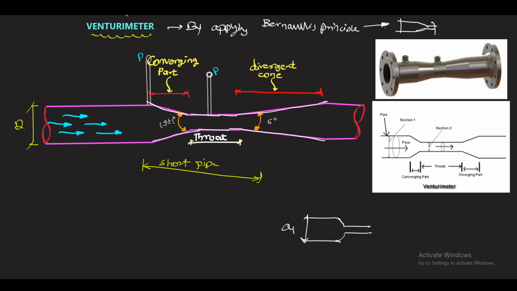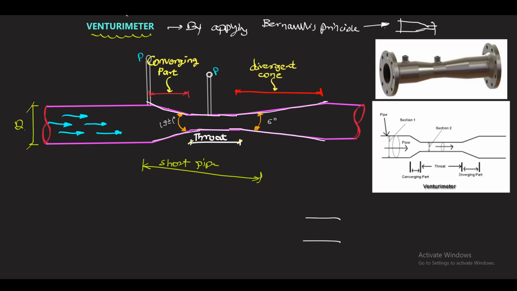A1 is the first cross sectional area, A2 is the second cross sectional area. So by reducing the cross sectional area from A1 to A2, a pressure difference is created, and this pressure difference enables us to measure the rate of flow flowing through that pipe. This principle is used everywhere in the applications of Bernoulli's principle. So this is about the principle of Bernoulli's equation, and now we are going to apply the same in the Venturi meter.